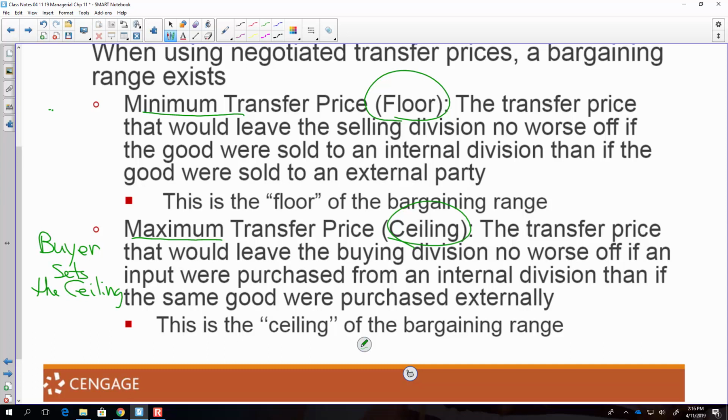The minimum sets the floor, or the seller sets the floor, right? So what is the minimum charge? The seller sets that. The max, the buyer sets that. So you do need to know that. I know it seems simplistic, but we do need to know that for the multiple choice questions.